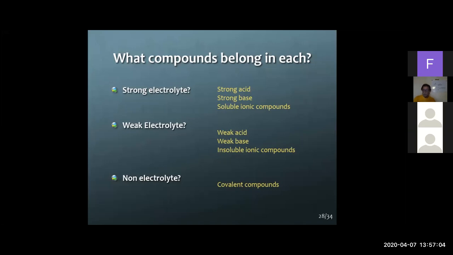A weak electrolyte is either a weak acid or a weak base, or, based on the solubility rules, is insoluble. And a non-electrolyte is anything else that's a covalent compound. They do not form ions at all when they go in solution. So that's how those are designated.